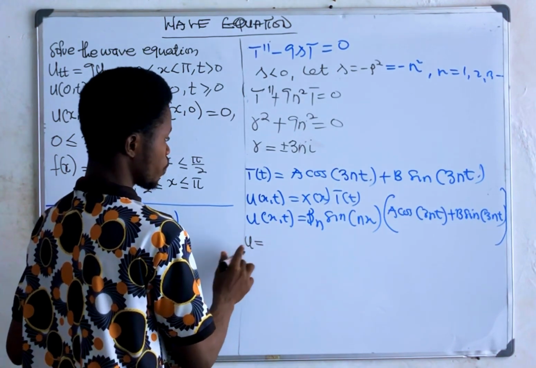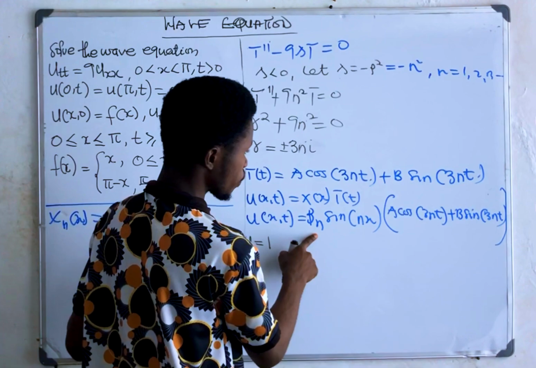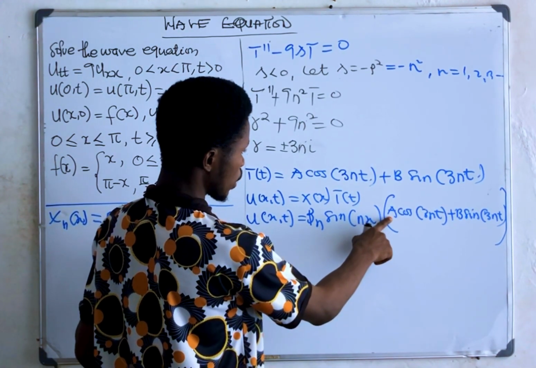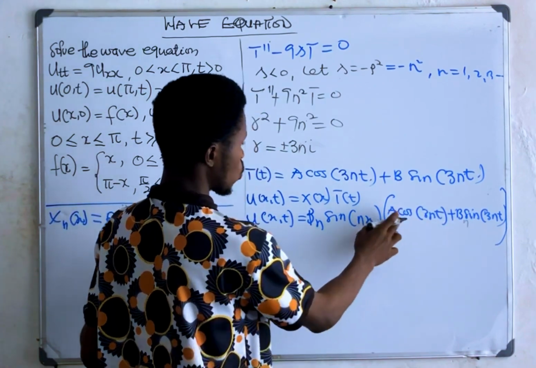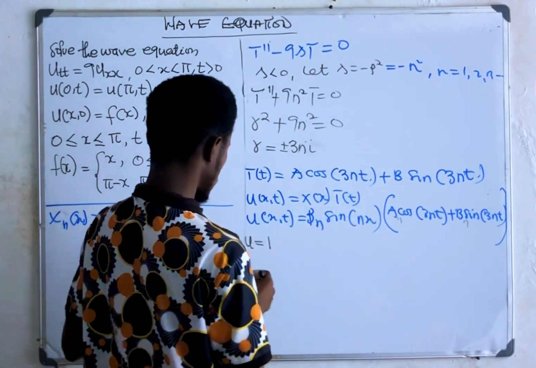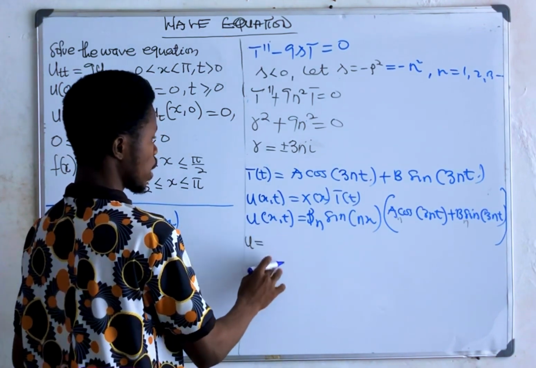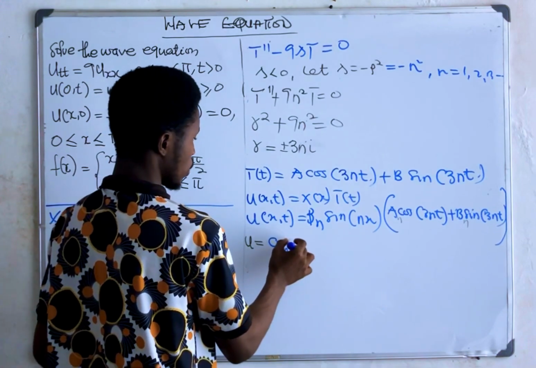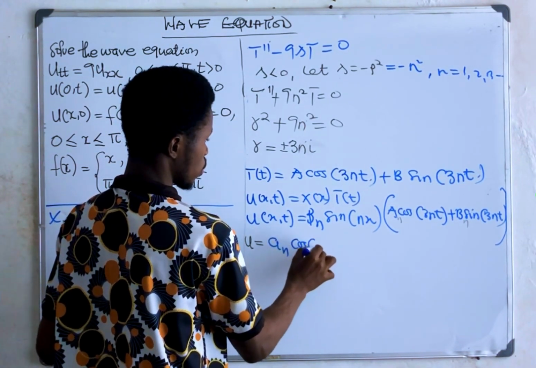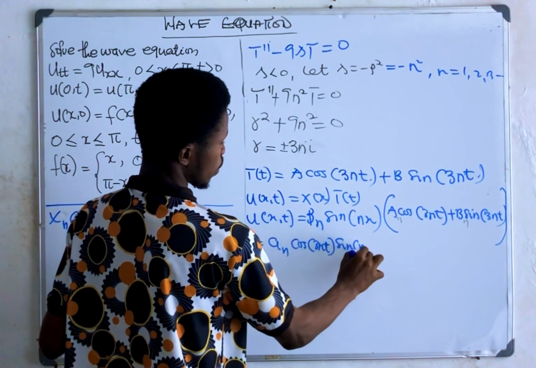u will be equal to b. You see this one and this one, let me be putting n and b. They are all constants. So if I multiply this constant by this constant, it will be bn an, which is a constant. So instead of that, I can replace that one by just an. So that I have something like this, an, then you have cos 3nt sine nx.